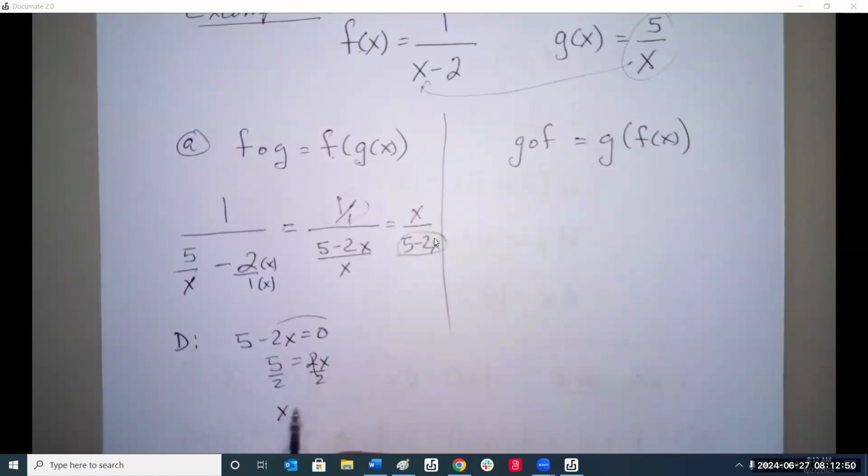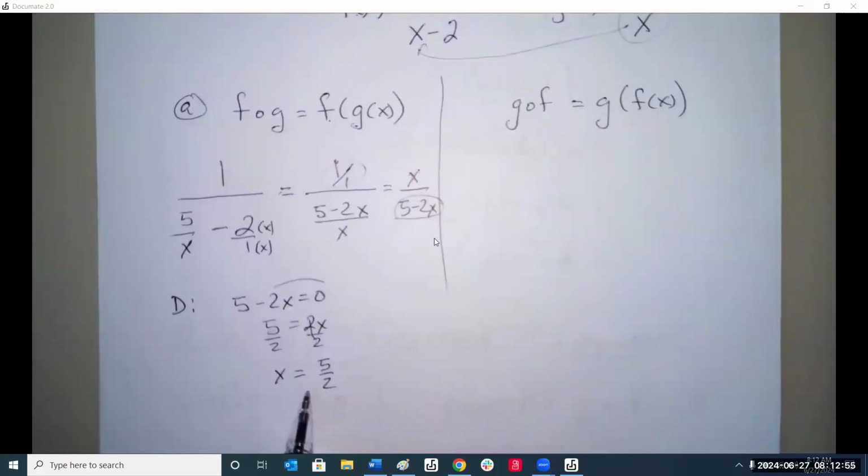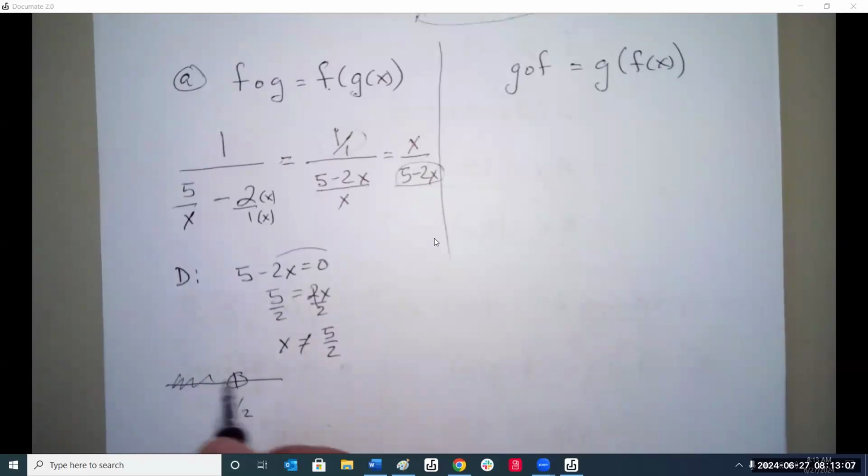So x equals 5 over 2. So when x equals 5 over 2, we get 0 on the bottom. So we can't use that. If you think about it, the only number we cannot use is 5 over 2. We can use everything else.